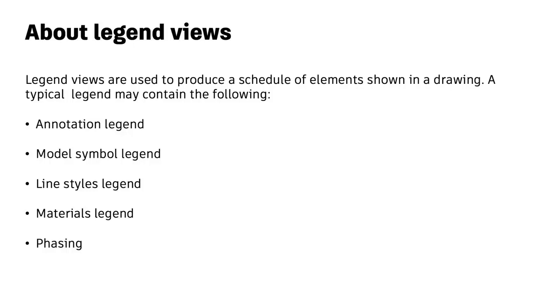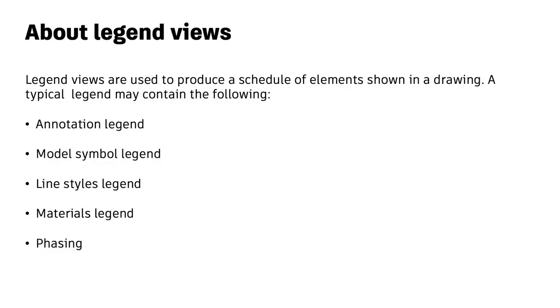A typical legend may contain the following items: annotation legend, model symbol legend, line style legend, materials legend, and phasing. So typically the annotation legend will display things such as section heads, elevation markers, symbols, and many other annotation elements.